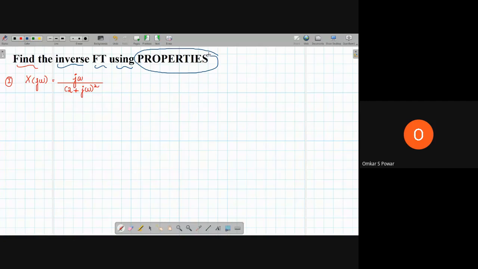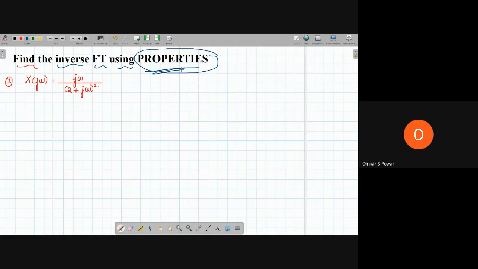So here we can't substitute like the previous one, j omega is equal to s and solve, because he has particularly asked to find the inverse Fourier transform using properties. Okay, so then we have to use the properties and solve this one.